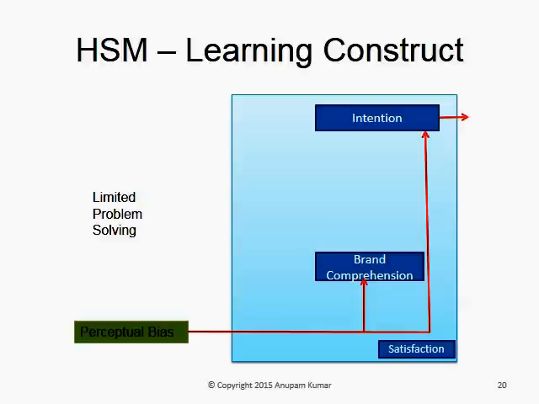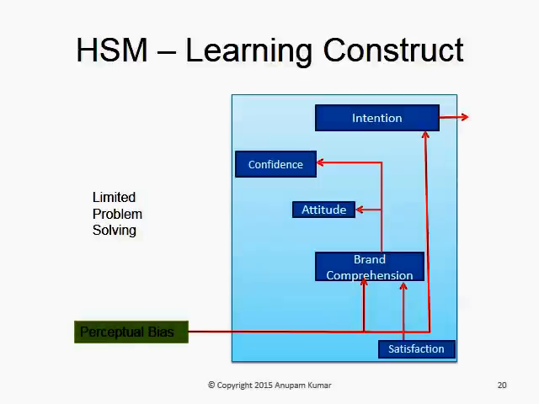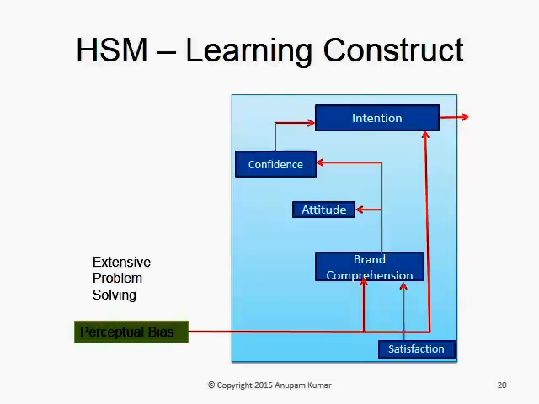The satisfaction from previous purchases along with brand comprehension gives rise to an attitude towards the product, along with a fair amount of confidence, which in turn leads to an intention to buy. Lastly, in extensive problem solving, the perceptual bias helps firm up the buying motives and the choice criteria, leading to attitude formation, which gives rise to an intention to buy.